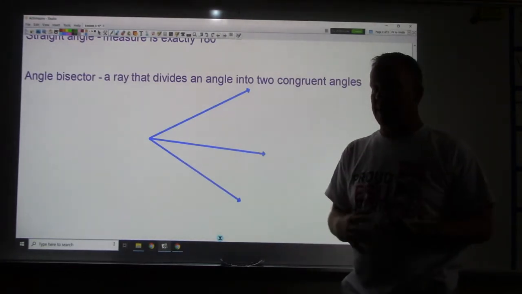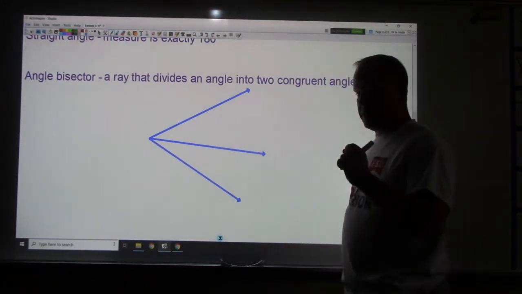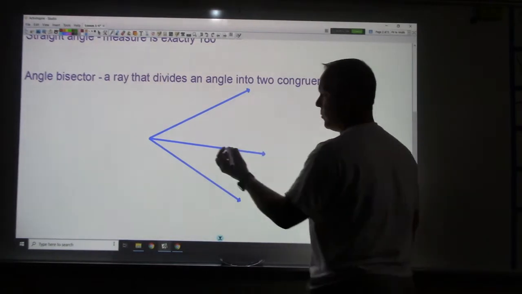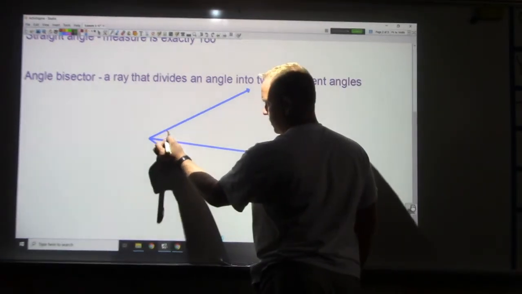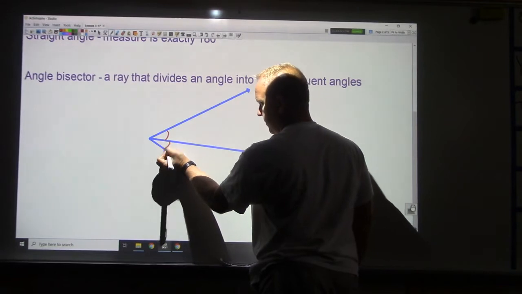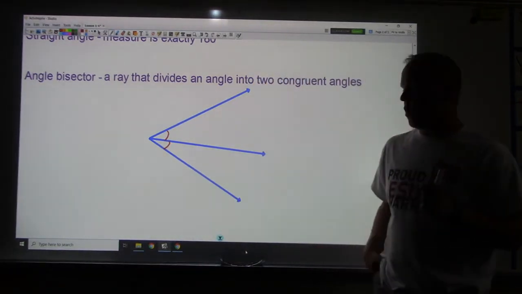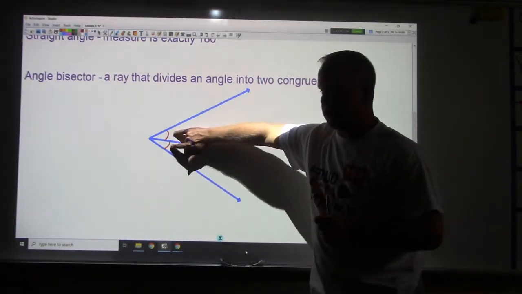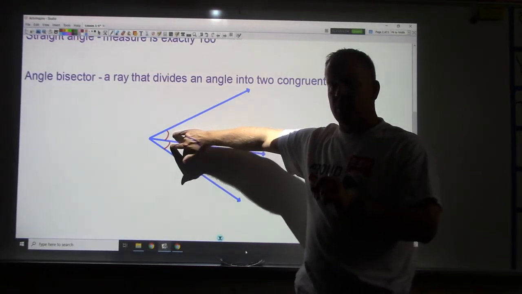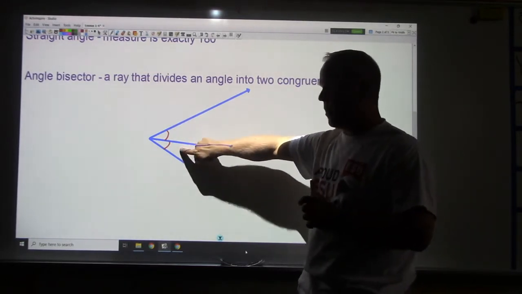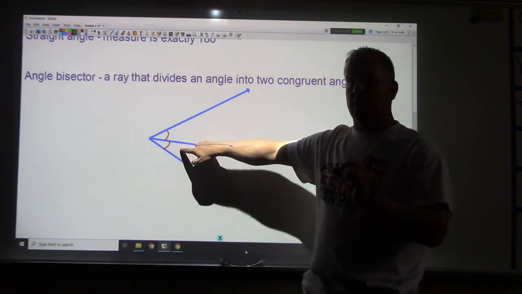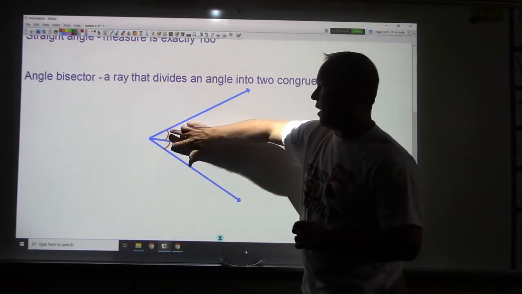Don't assume it's one. Be like, oh, it looks like it cuts in half. It either has to say that this is an angle bisector, or on the picture, you will see this. You'll again see those two arcs in there. Now notice these arcs are offset. That's done on purpose. These two angles, this top angle and this bottom angle, are still congruent. They're still the same measurement, but they offset the arcs.